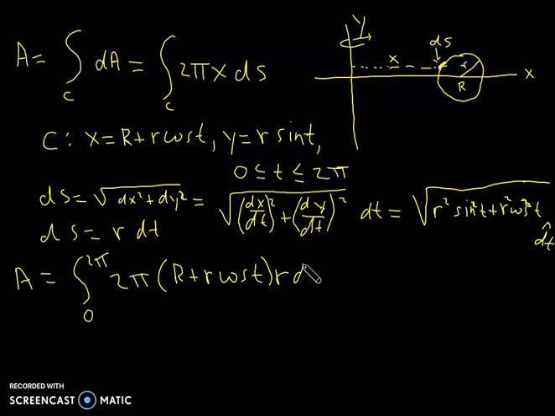So we have r dt here. Okay, and we can factor out a 2 pi little r out of this. We get 2 pi little r times the integral from 0 to 2 pi of big R plus little r cosine t, dt.